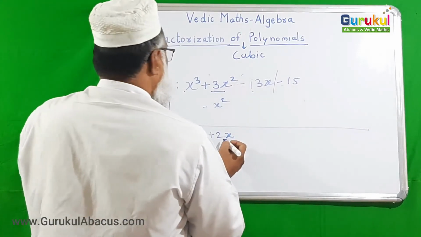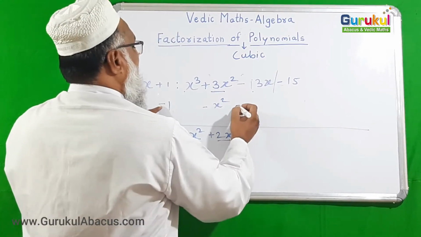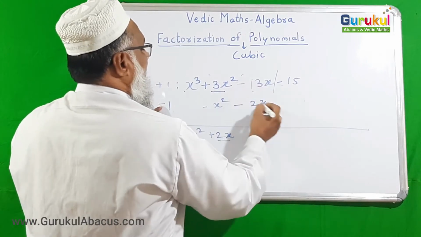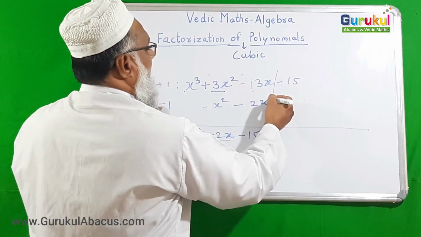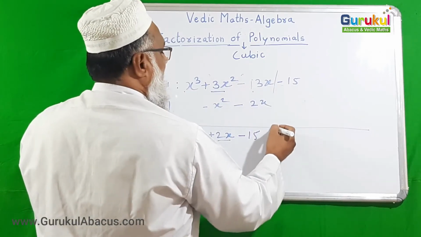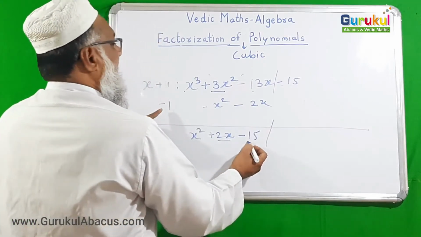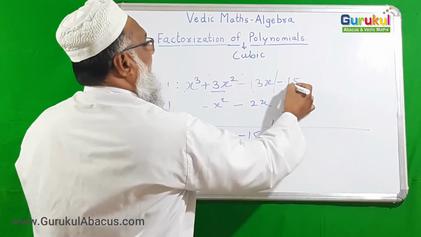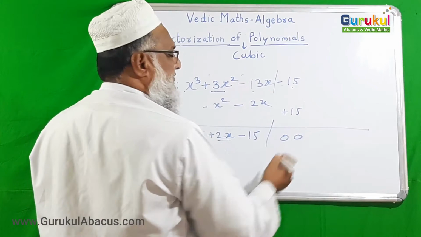Now thirdly, 2x into minus 1 is minus 2x. Now minus 13 minus 2 is minus 15, and the power decreases by 1, so it is only 1, so I am not writing anything here. And now further, minus 15 into minus 1 is plus 15. So 15 and 15, the remainder comes 0.